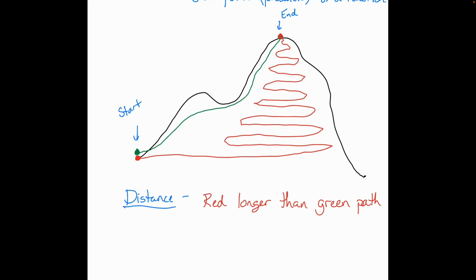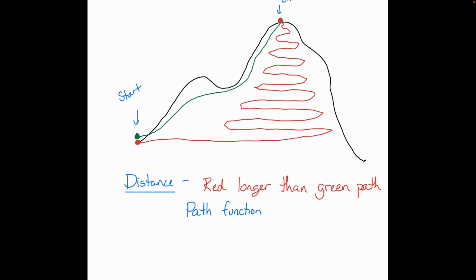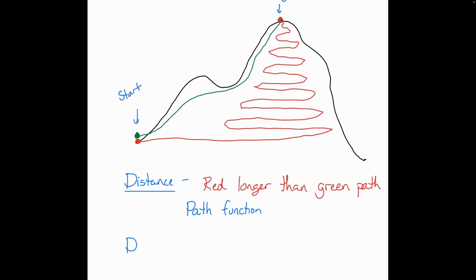All right, and that's because distance is what's called a path function. The distance traveled very much depends on the route that you take. But there's another quantity in physics that's very important, what's called displacement.